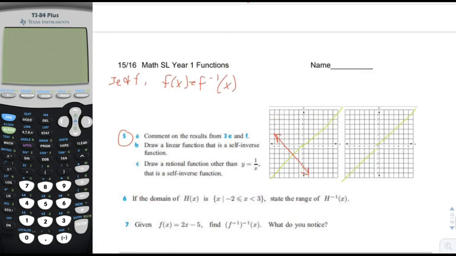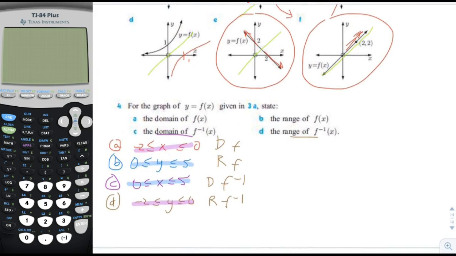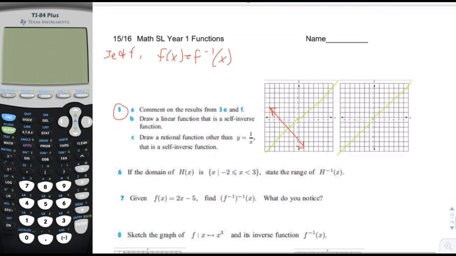You could draw one that looks like 3E, or you could draw one that looks like 3F. In 3F, there's only one combination. For 3E, the only thing you can vary is you could draw it here, you could draw it here, you could draw it in multiple places, but it's still going to look the same. Okay? So that is B.